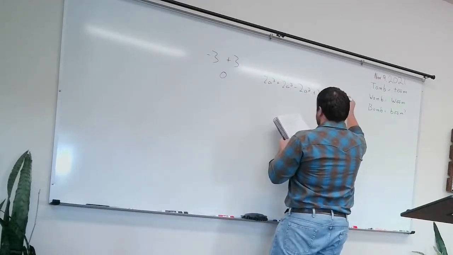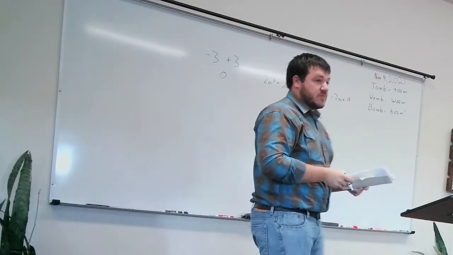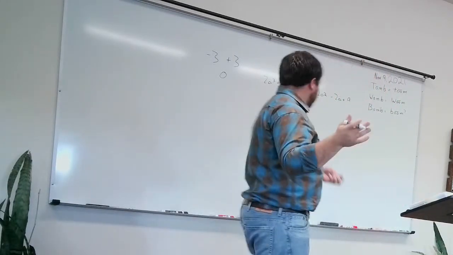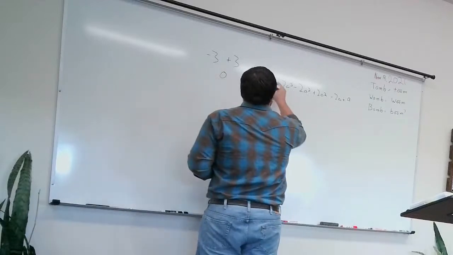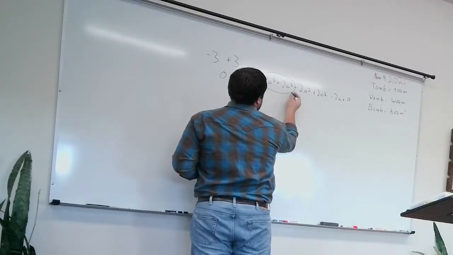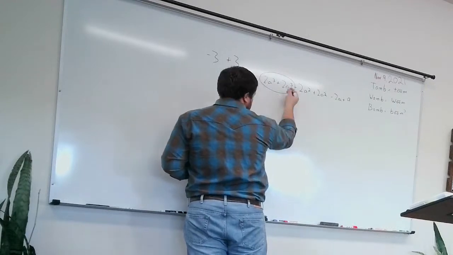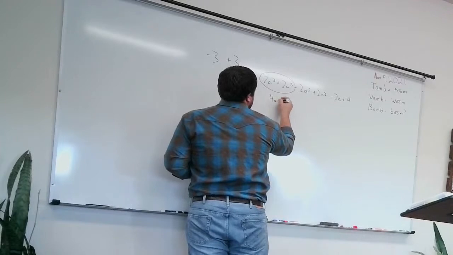All right, so what we do is we take these things and remember they have to have the same exponents, right? You mostly understand that. So we take everything that has the same variable and exponent and we lump them together. So here we have two positive a cubes. So this would be 4a cubed.